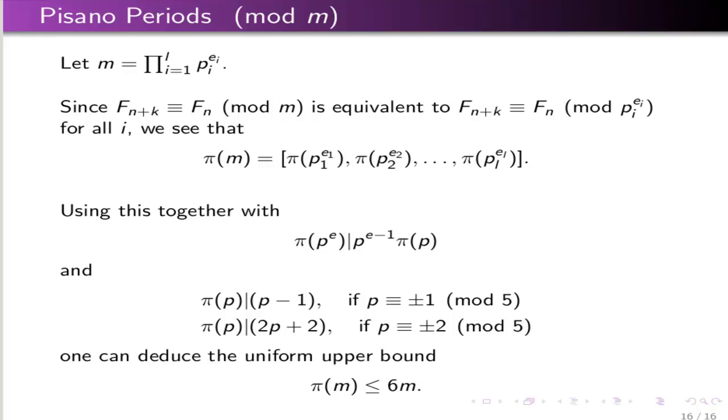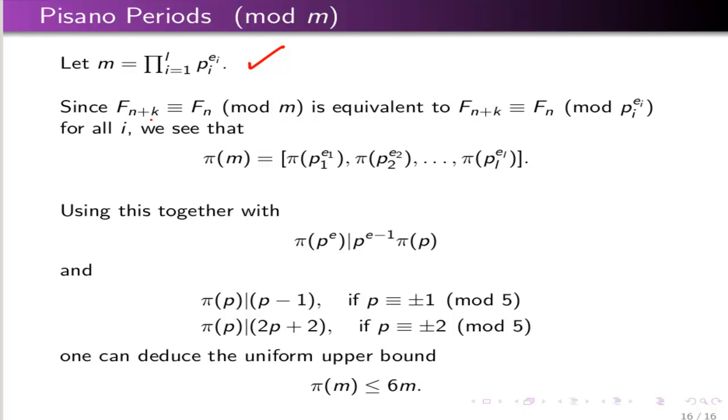Okay, now let's put together what we've seen so far. So if I let m be an arbitrary positive integer with prime factorization, the product of p_i to the e_i's, then I want to look at the Pisano period mod m. We first observed that there's a Chinese remainder theorem type result.